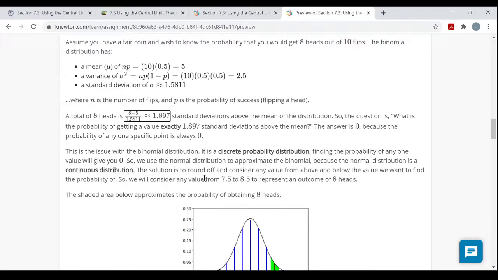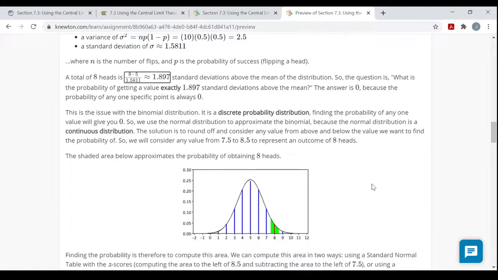The solution is to round off and consider any value from above and below the value that we want to find the probability of. So we will consider any value from 7.5 to 8.5 to represent an outcome of 8 heads. I'm going to shade this area below.